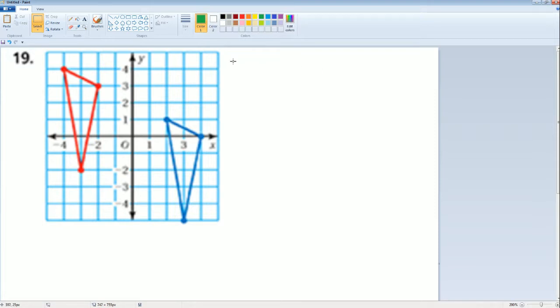From here to here. So what's happening? Let's make this green. What's happening in the x direction? 1, 2, 3, 4, 5, 6. It seems like I went 6. So x, I went right.